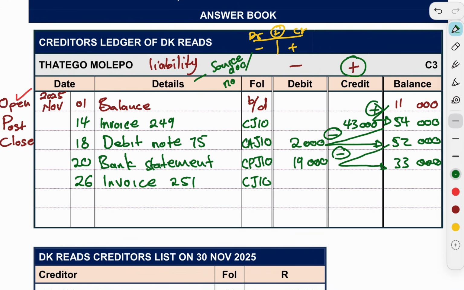That's where the transaction is coming from. We are buying, so our debt goes up by 24,000. So what is the new balance after making a purchase? It's 57,000. Okay, I hope you are getting this by now.